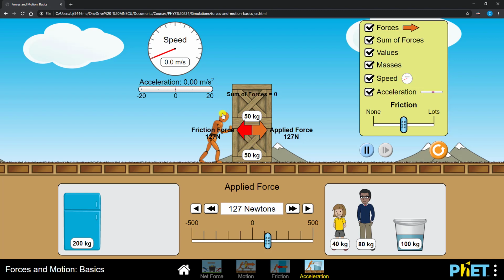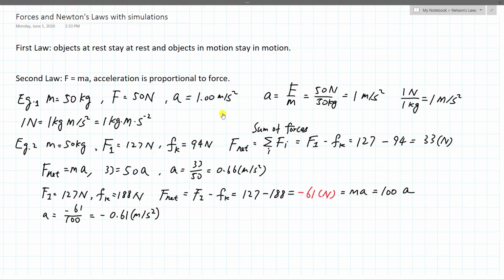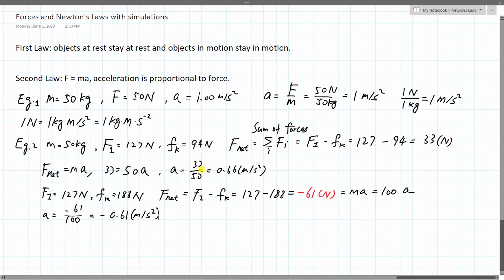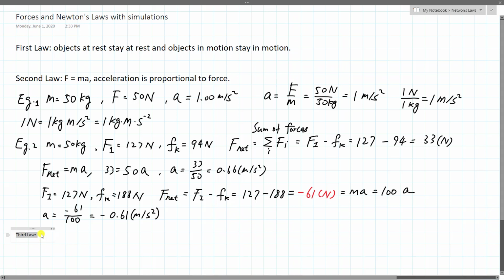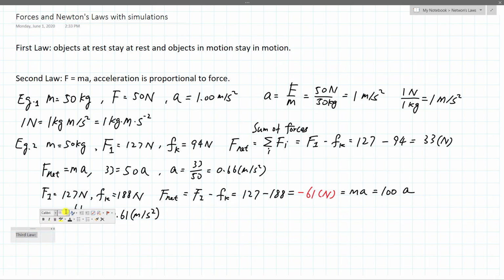So let's return to Newton's laws. One last law here, I want to just basically type it up, is the third law. But the third law is slightly different. Okay, so the third law talks about forces of action and reaction.